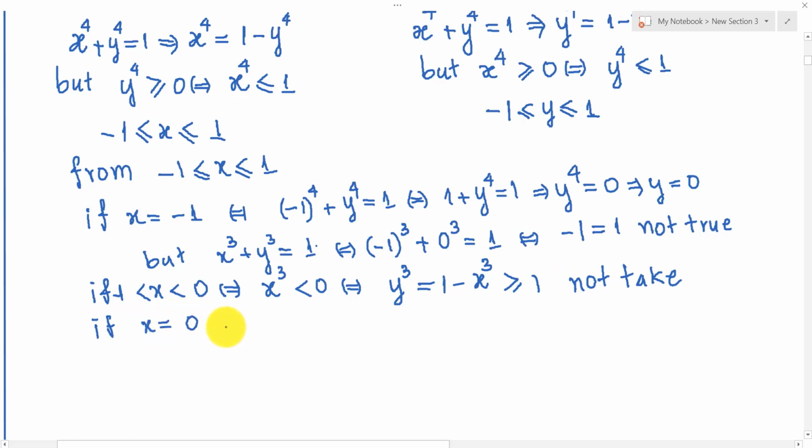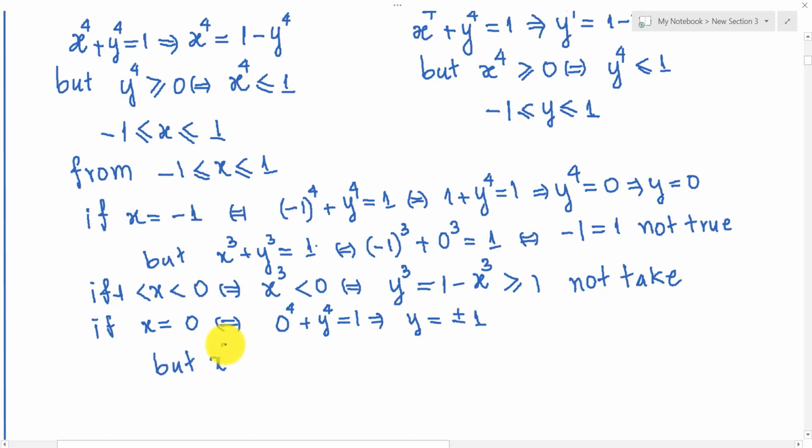And now if x equals 0, I get 0^4 + y^4 = 1, so y is equal to plus or minus 1.